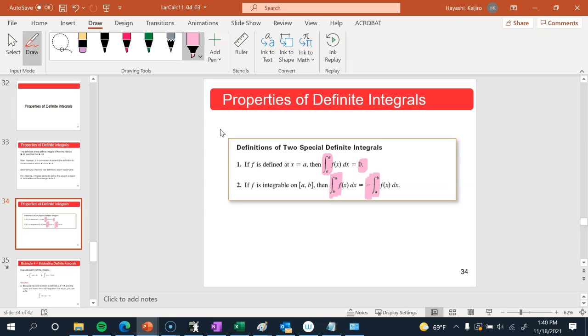So let's say you're taking the area from 1 to 2, and you found there's an area of 5. If you switch your limits of integration and instead start at 2 and go backwards to 1, the value of the integral will be negative 5 instead. So if you switch your upper and lower limits of integration, you're going to get the negative of what you got before. Okay.